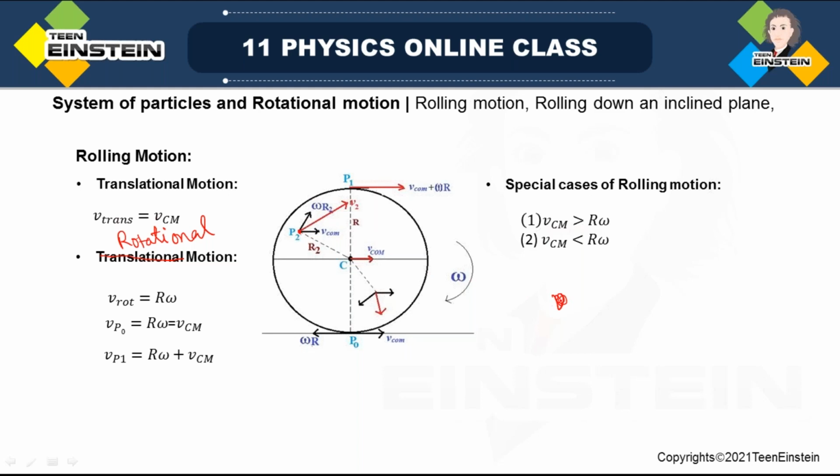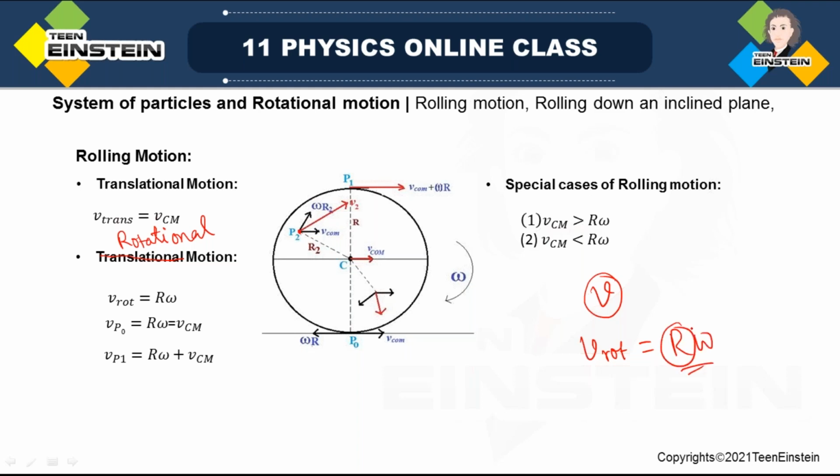We know the relation between rotational and translational velocity, that is v is equal to r omega.